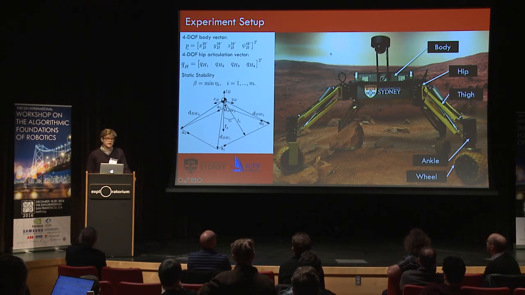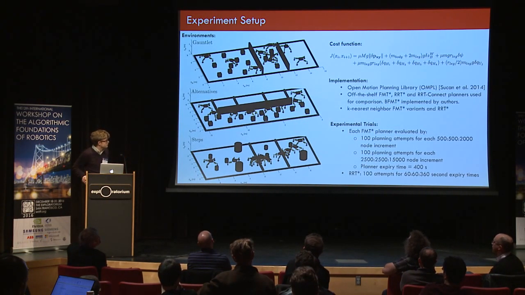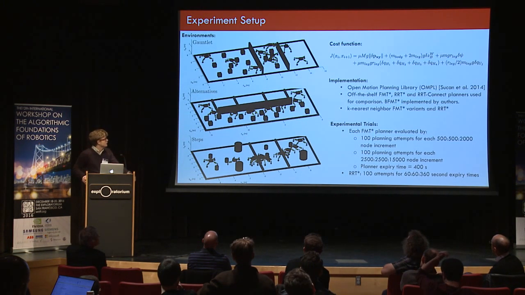We also incorporate a static stability constraint to make sure that the robot doesn't fall over. Now, we've run these experiments in a variety of different environments, trying to trick the planner. First off, we have this gauntlet environment, which is a maze-like terrain with lots of cluttered obstacles and even a tunnel that the Mammoth rover has to go down towards the ground and go through.